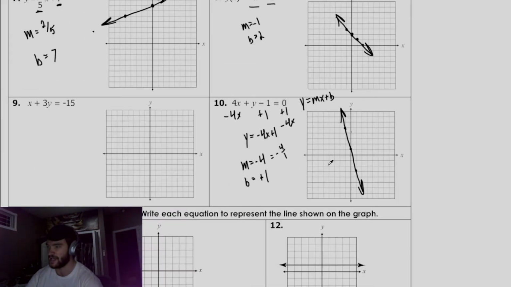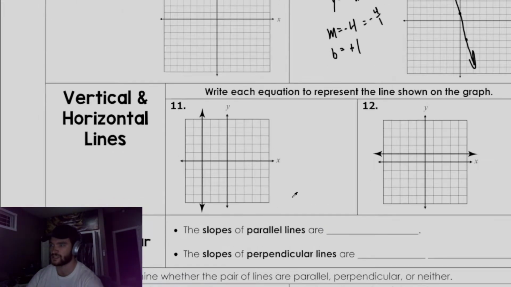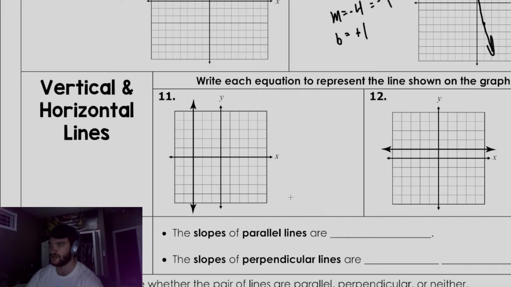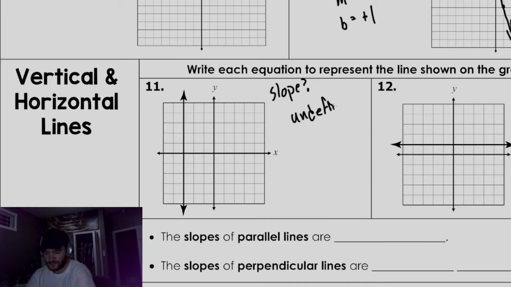Great. All right, so let's do some of these more difficult ones, even though these aren't too difficult. So, vertical and horizontal lines. What kind of slope is this again? We just saw it earlier. This kind of slope is an undefined slope.